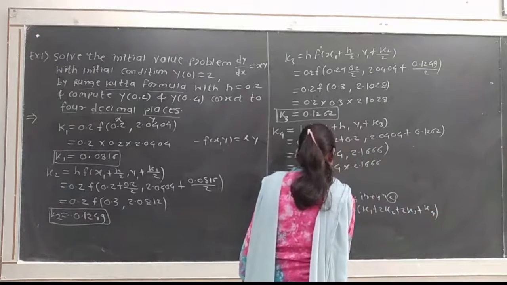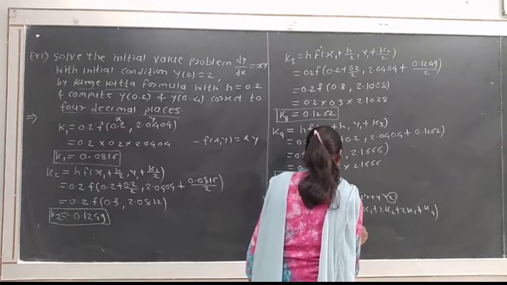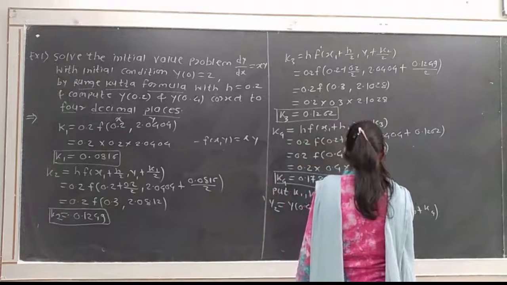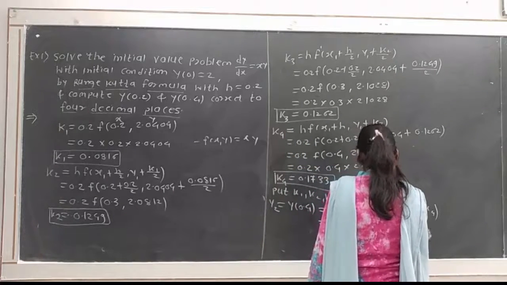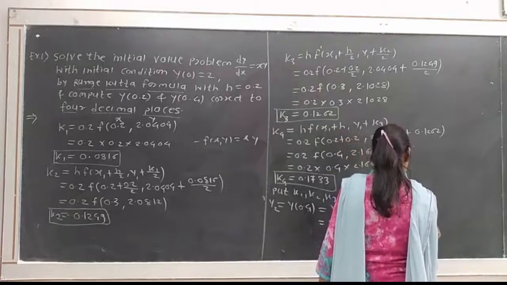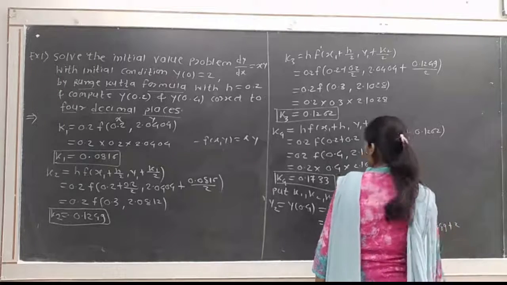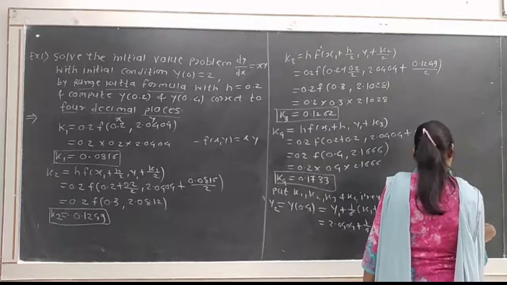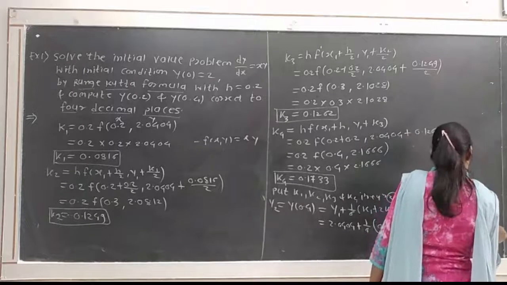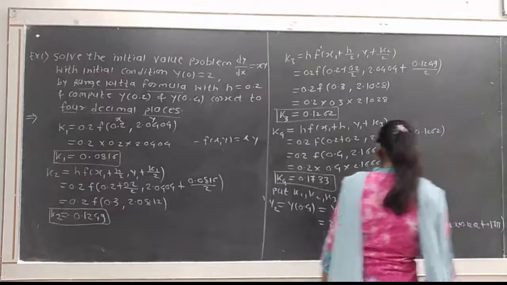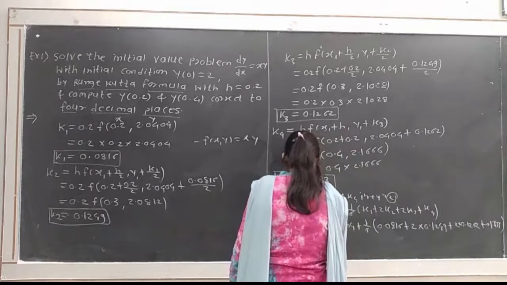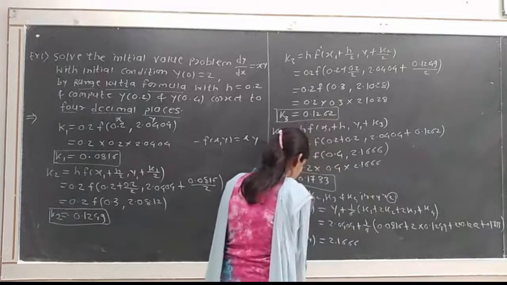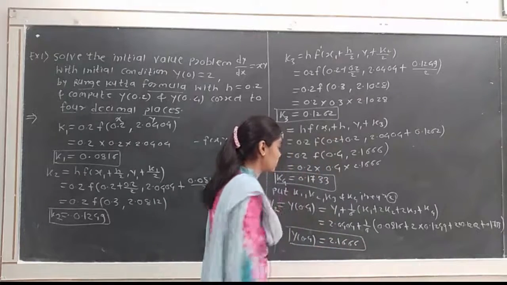So y1 will be 2.0404 plus 1 by 6 in bracket, k1 that we calculated, 0.0816, plus 2 times k2, which is 0.1249, plus 2 times k3, which is 0.1262, plus k4, which is 0.1733. Okay, bracket complete. Then after this calculation we get 0.1666, and the value of y of 0.4 will be 2.1666.